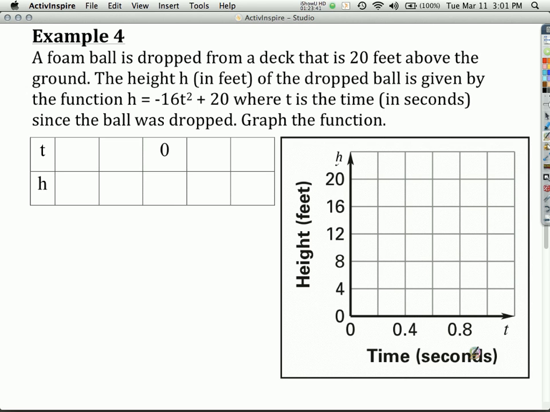And so what does the graph of it look like? Well, I've already set up the graph for you. So you're going to use this exact graph. And I've already set up the table for us.